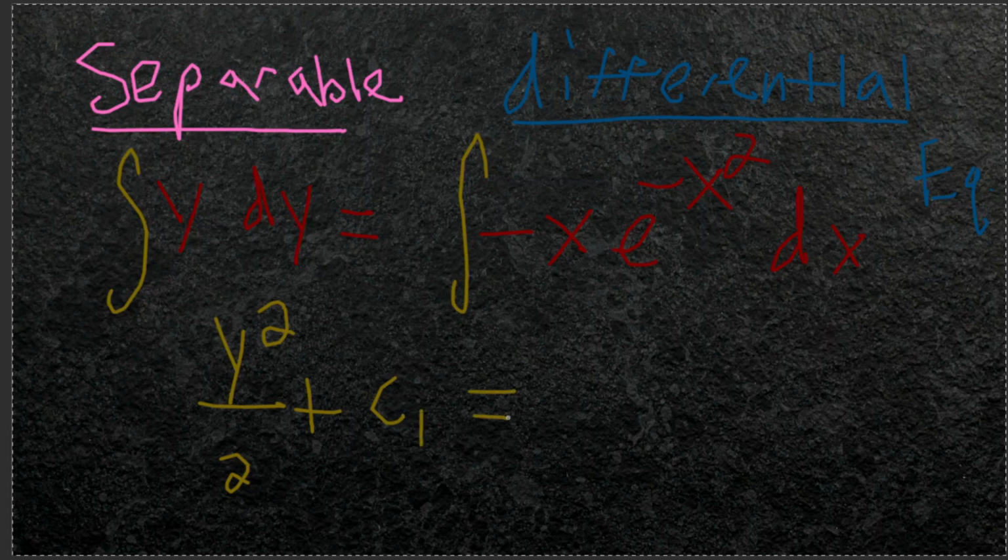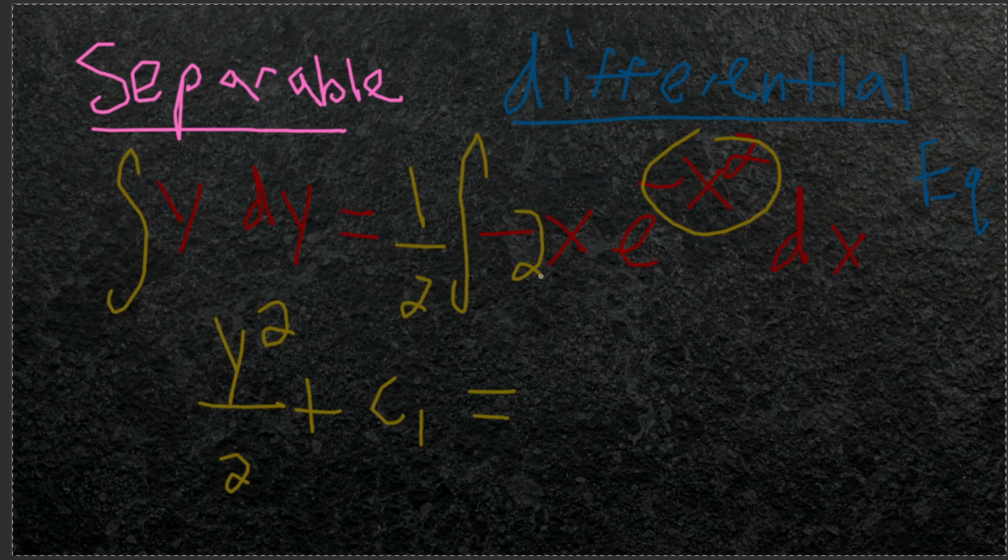And that's going to be equal to the right-hand side. And on the right-hand side, we're integrating with respect to x. You could do u substitution here, or you could recognize that the derivative of negative x squared is going to be negative 2x. So if that was a 2 there, and if you don't want to change the value of the integral, you can put a 1/2 right over there.